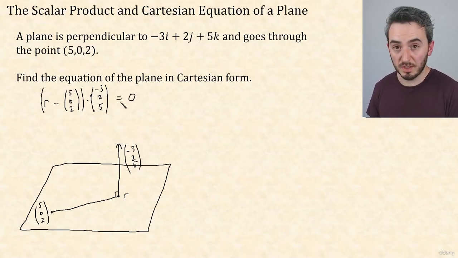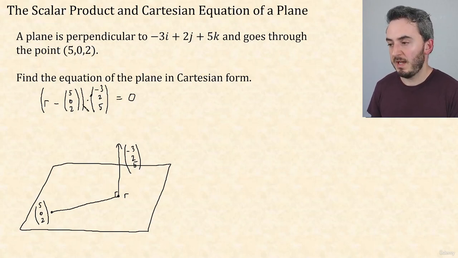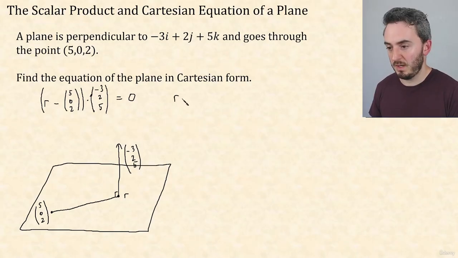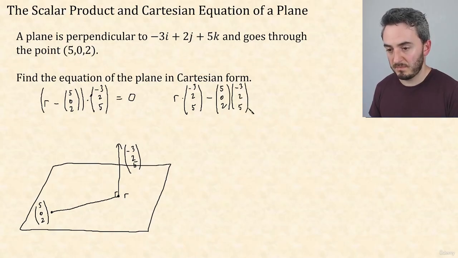Now, one feature of the dot product is you can expand it. That's due to the fact that it's simply this times this plus this times this plus this. It's all just addition and multiplication, so you can expand just like you can normal brackets. So we've got R dotted with -3, 2, 5, minus 5, 0, 2 dotted with -3, 2, 5, and that should equal 0.